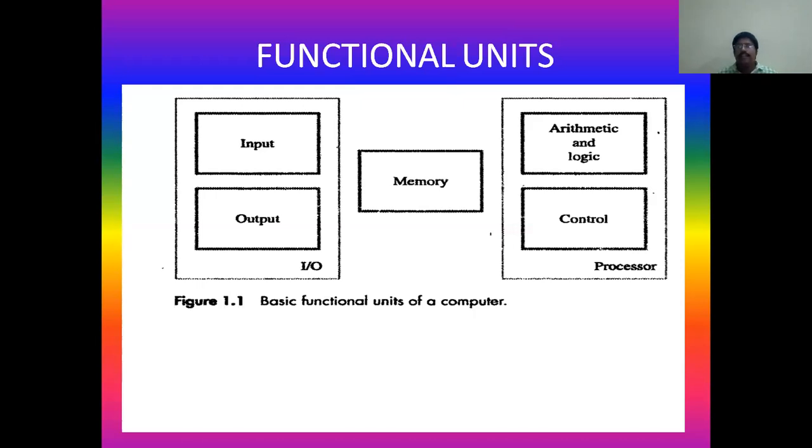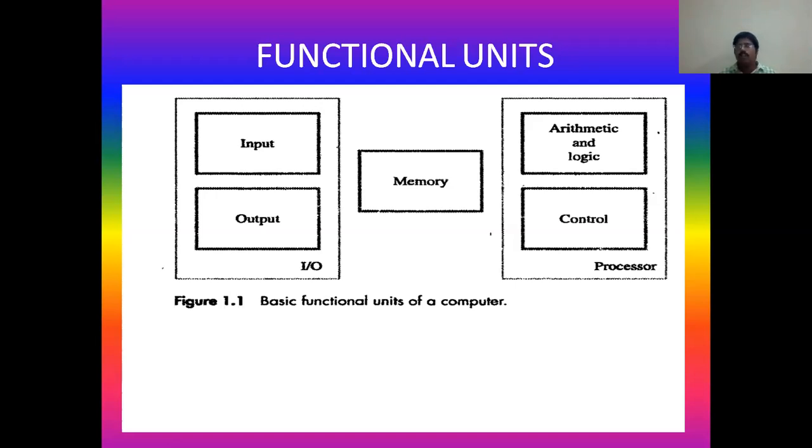It takes the inputs from the memory or from the registers, processes that particular data, and gives the desired output. That is the purpose of the ALU: it performs arithmetical as well as logical operations.